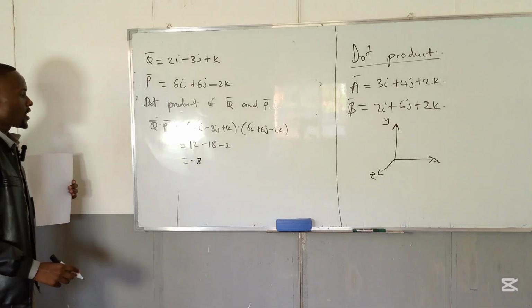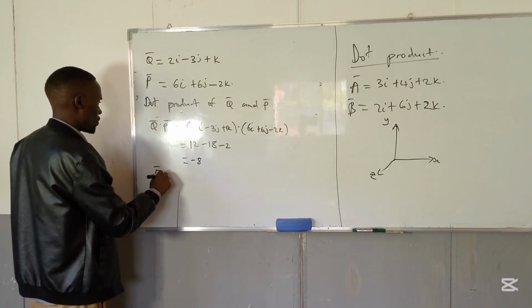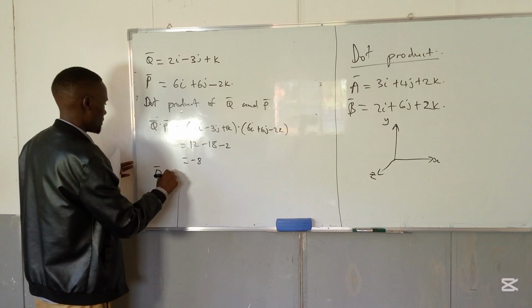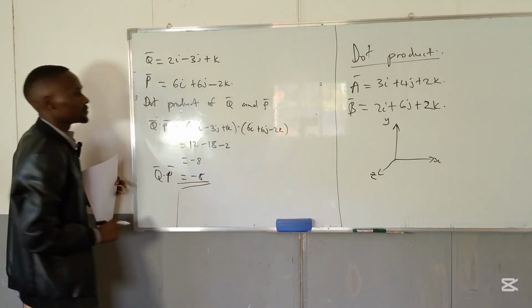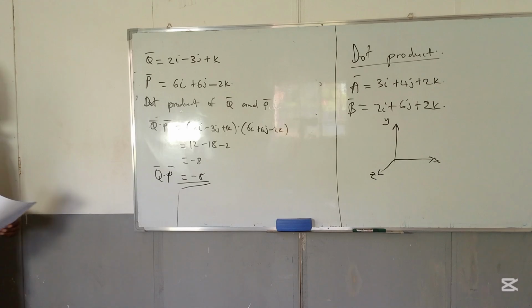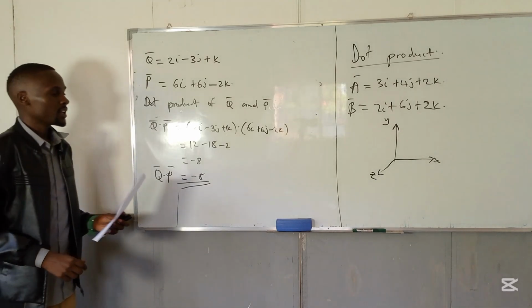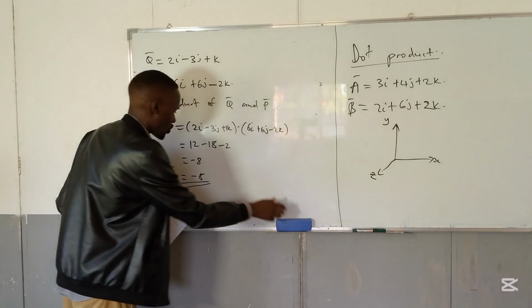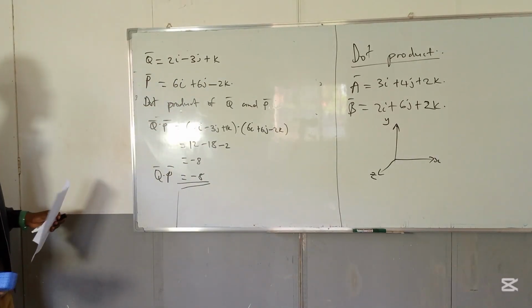That means the dot product of Q and P is -8. Then now let's go direct to cross product.